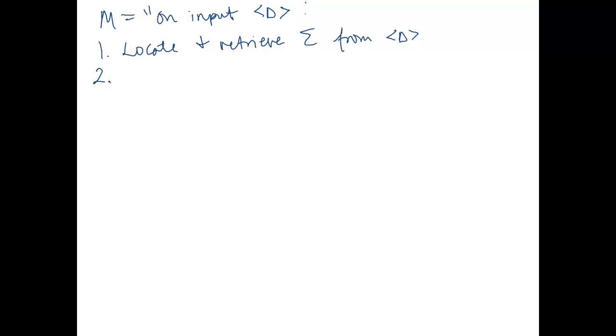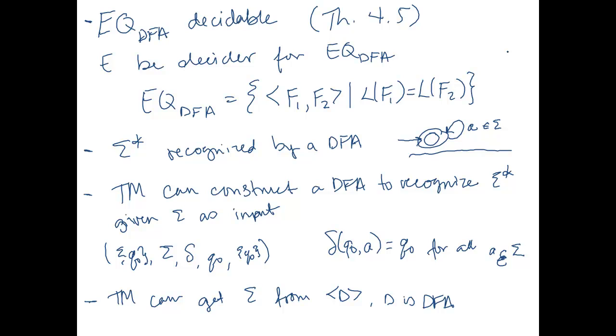Step 2, we construct a DFA, which we call S, such that the language of S is sigma star. This is the DFA from the third fact.